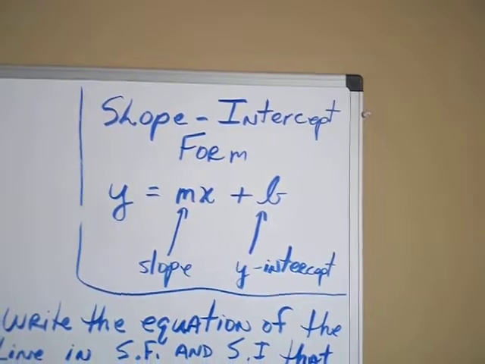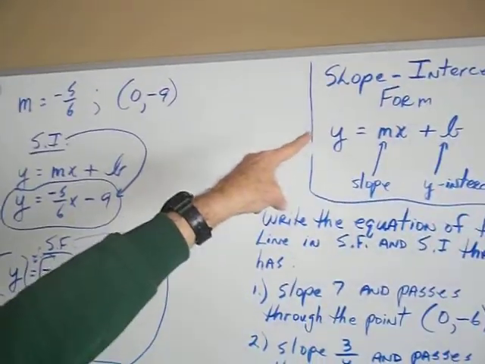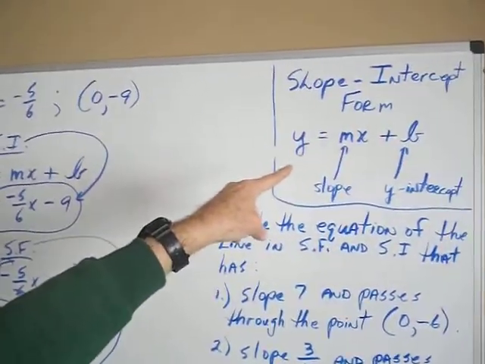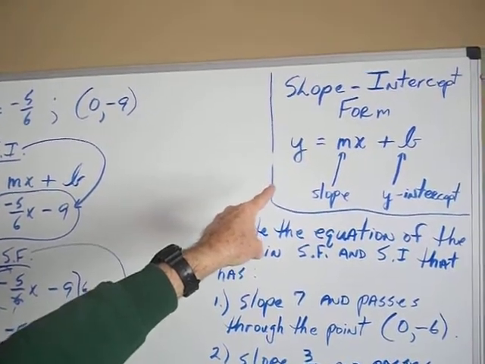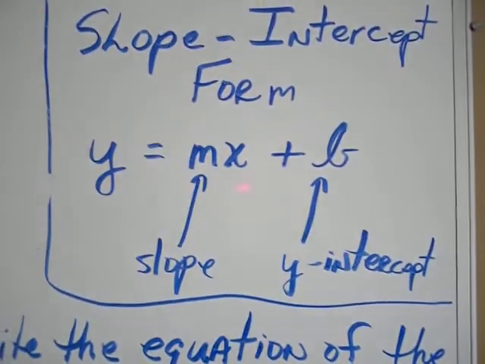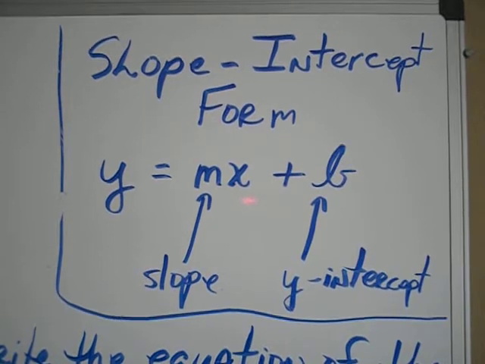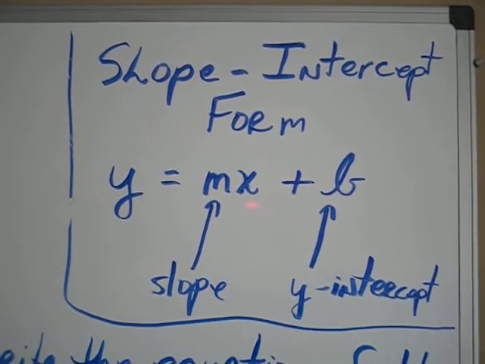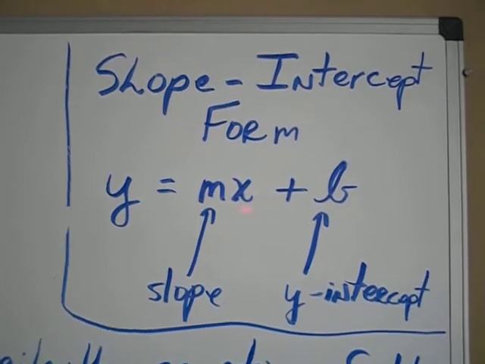This is where the slope-intercept form is first introduced. Whenever an equation is solved for y, the slope and the y-intercept can be clearly seen right from the equation. That's why it's called the slope-intercept form. So that is letter A.